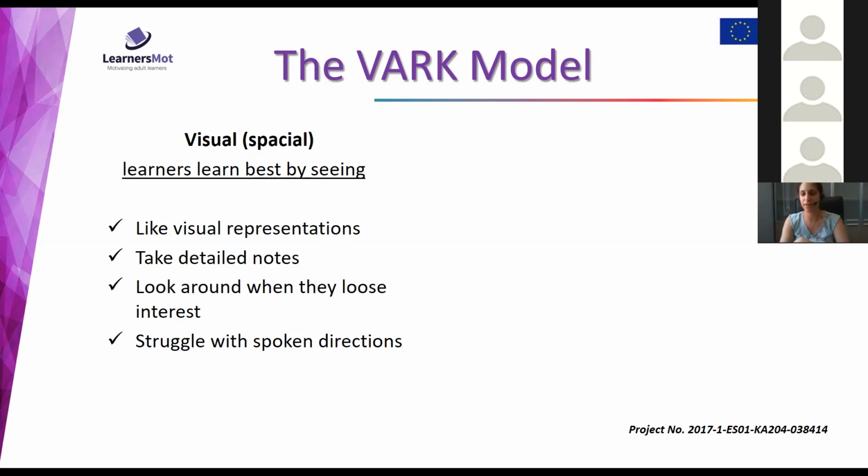When you give them instructions and they don't write them down, because they don't remember them, then they might struggle with the learning process. And also, when you set up your learning environment with lots of visual aspects around, they might get easily distracted. If you have lots of pictures, lots of colors, they might not be able to focus on what you are teaching them. So this is the first learning style.